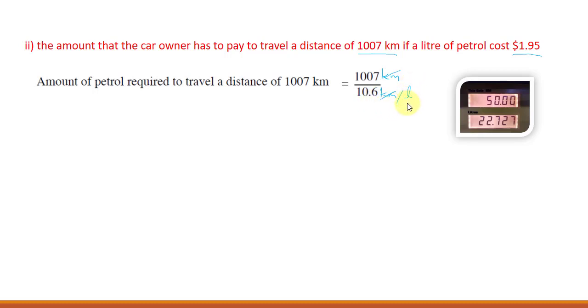The answer will be in liters. So the answer is 95 liters.